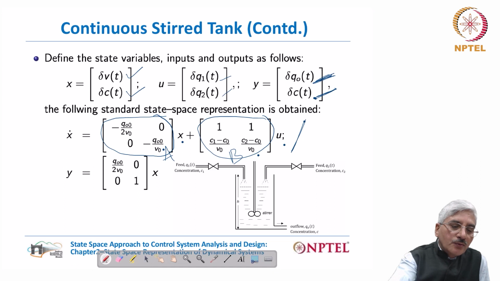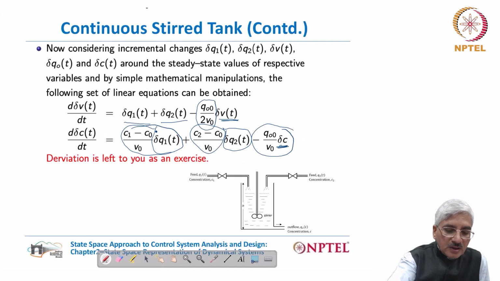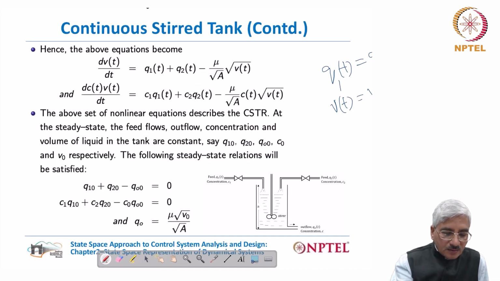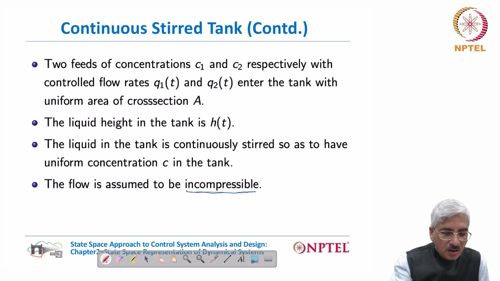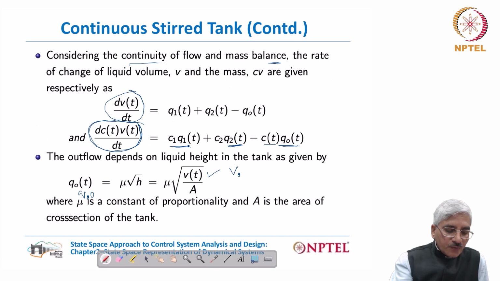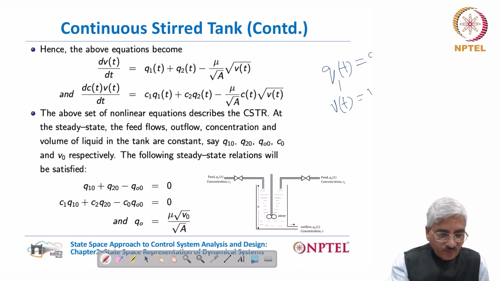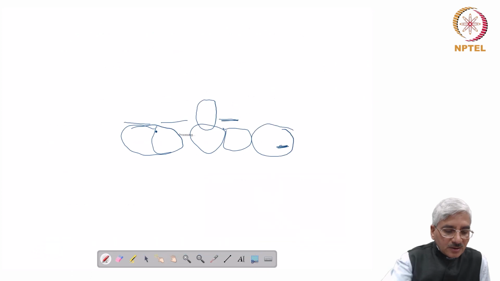Now for outflow, we got the expression in one of the previous slides. Outflow is Q0t equal to mu times this quantity, and this was linearized subsequently. So delta Q0 we got expressed.